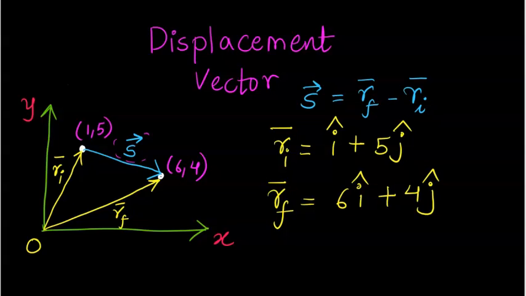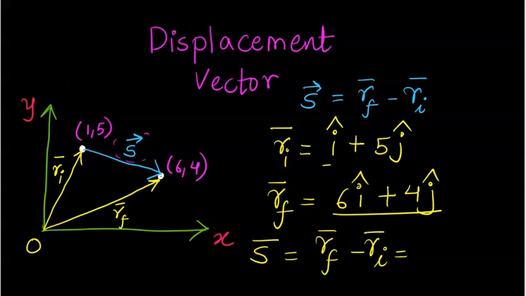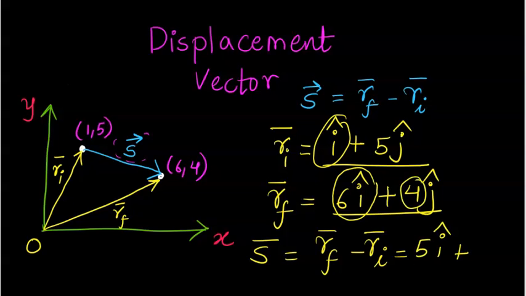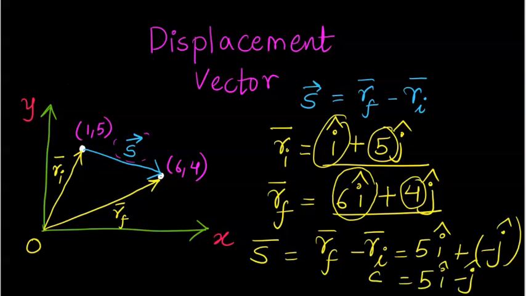This is due to the resolution of vectors. Now what will we get after subtracting Rf bar and Ri bar? Rf bar minus Ri bar will be equal to this particular vector minus this particular vector. So now you have to subtract component wise. From 6 you have to subtract 1, so I will get 5 I cap, and from 4 you have to subtract 5, so you will get minus j cap. So it will be 5 I cap minus j cap. So this is the displacement vector.